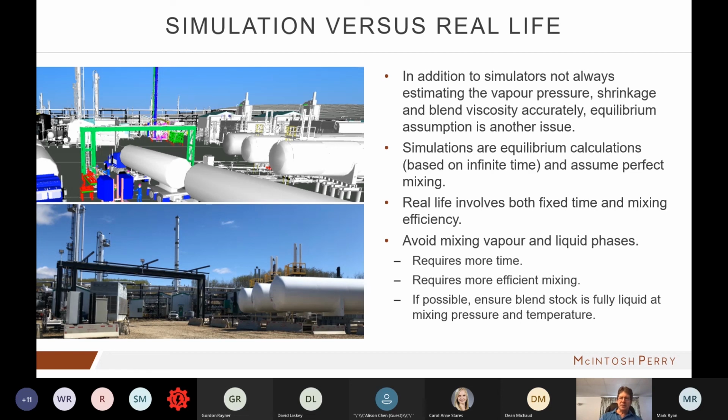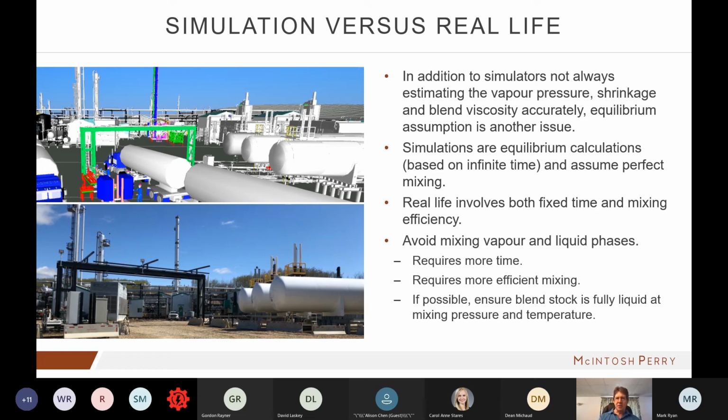So in addition to these properties, which in a way I've been picking on the simulators a little bit, but in addition to having to check density and viscosity values of blend, and even dealing with vapor pressures, simulators also make some other assumptions that aren't exactly true in real life.